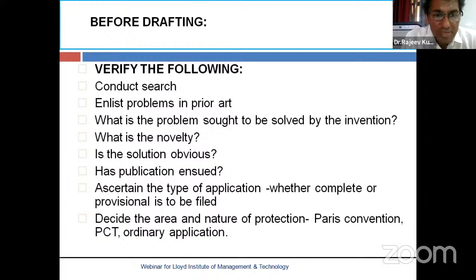Then you have to ascertain the type of application, whether you want to go for a complete application or a provisional application. Because at times you have conceived your invention, but you are not really ready with the supporting data to prove that your invention is working.